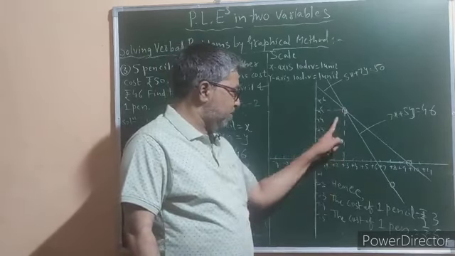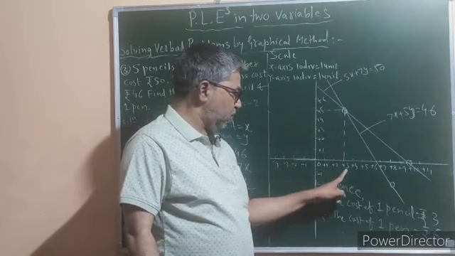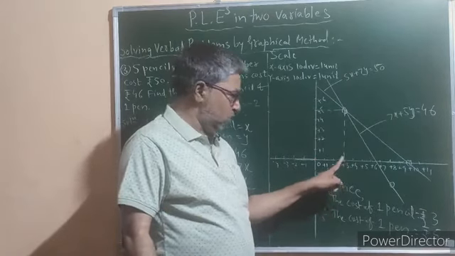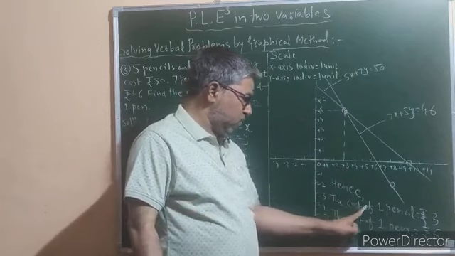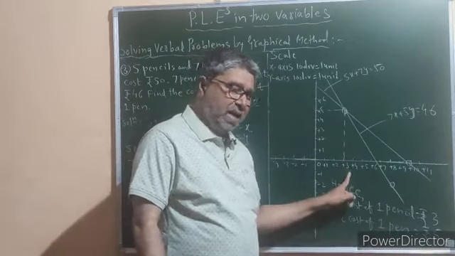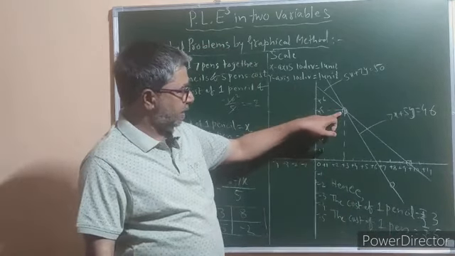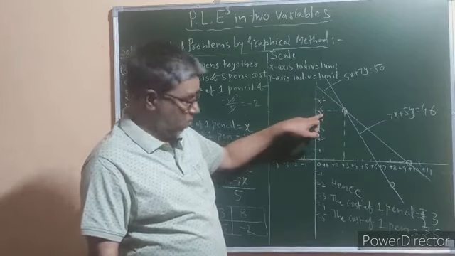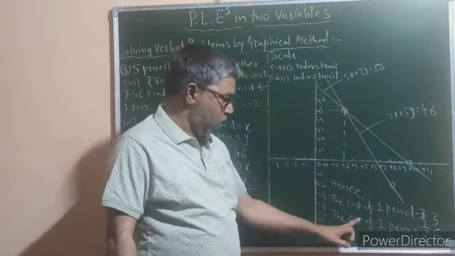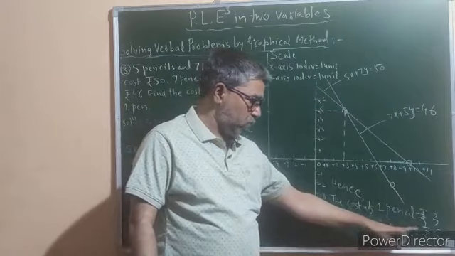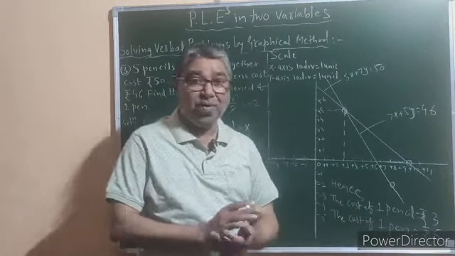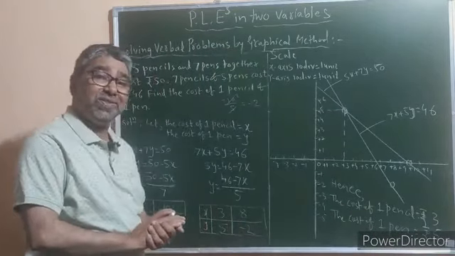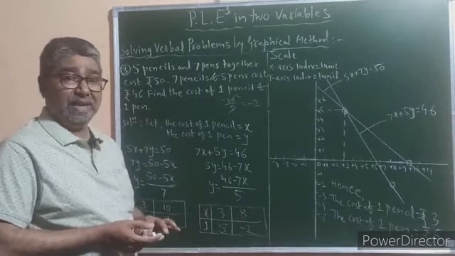The first perpendicular is falling on 3 on the x-axis, so the cost of one pencil is rupees 3, and on the y-axis the second perpendicular is falling on 5, so the cost of one pen is rupees 5. So (3, 5) is the solution set for this third example.